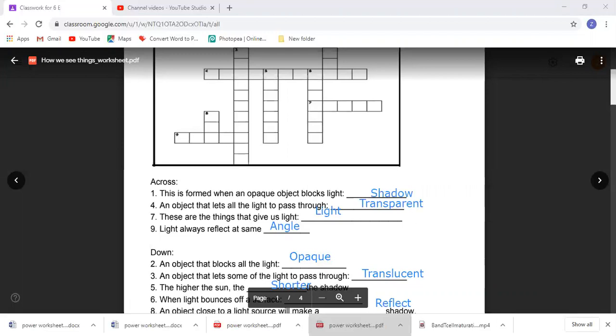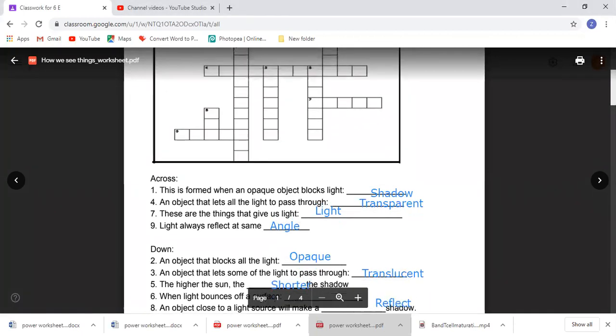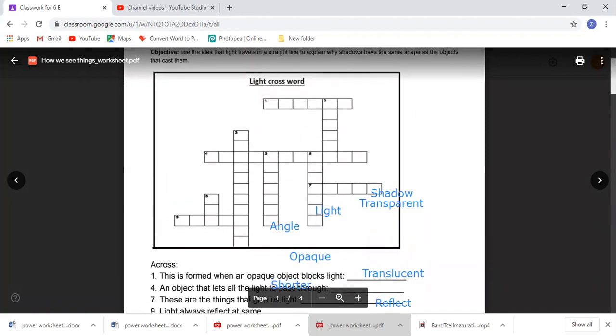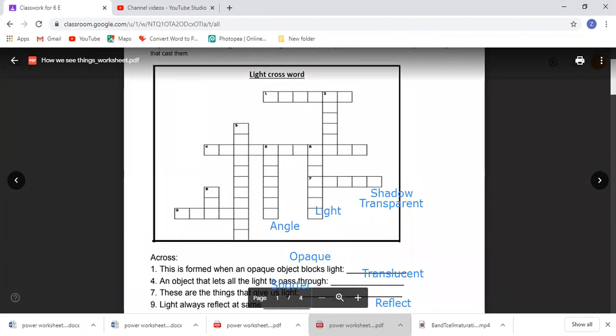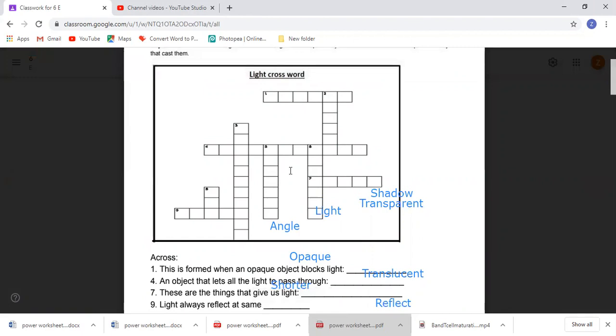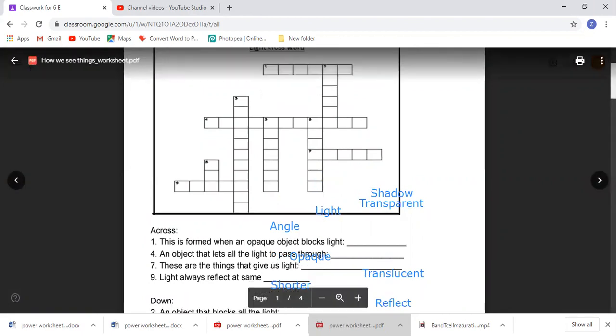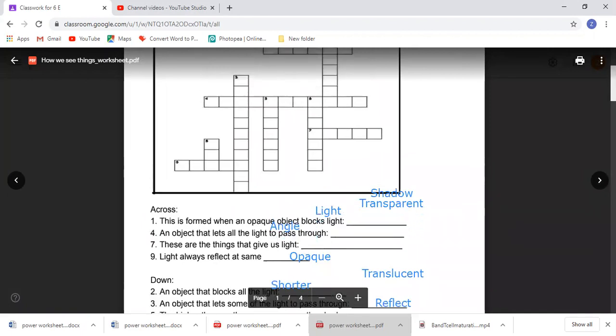Right. Now, an object close to a light source. Over here, I wanted to check the fifth one. This one is the fifth one, right? So the fifth one is the higher the sun, the shorter.